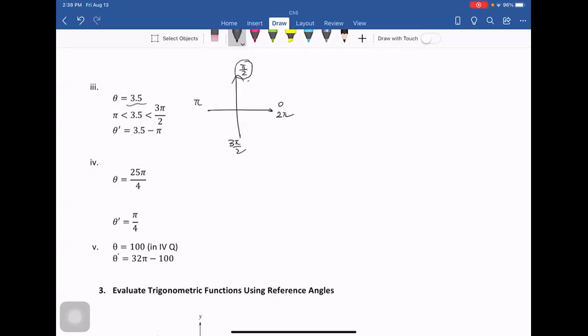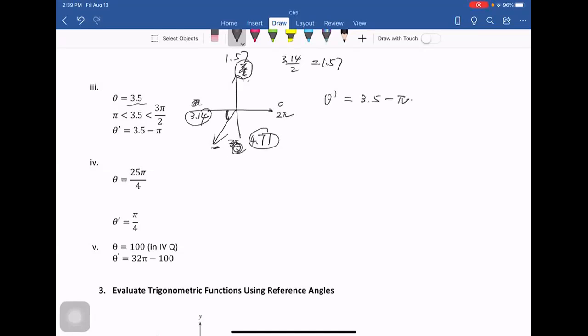Pi over 2 is 3.14 over 2, about 1.57. So 1.57 represents pi over 2, this one is 3.14, and this one is 4.71. So 3.5 is between this one and this one, in the third quadrant. In the third quadrant, the reference angle is here: theta prime equals 3.5 minus pi.